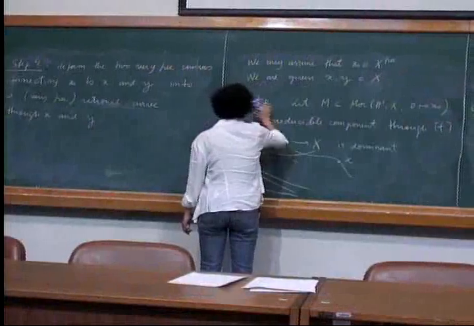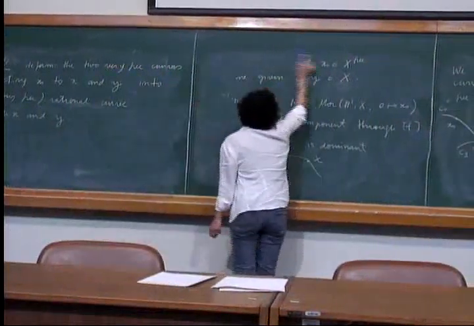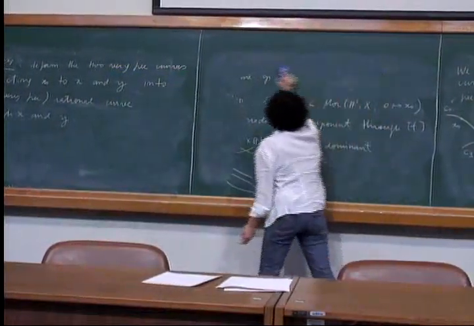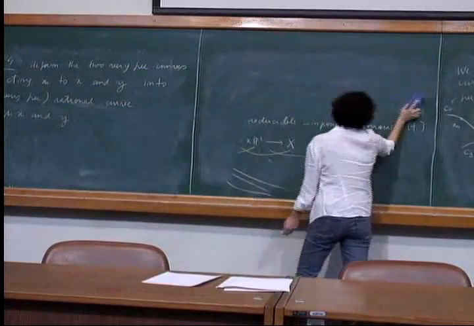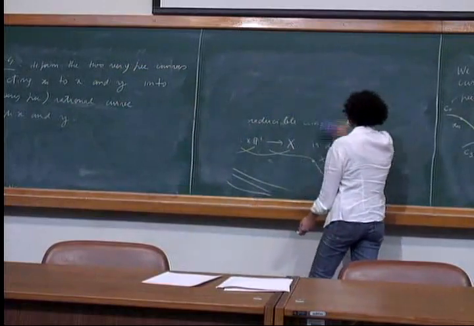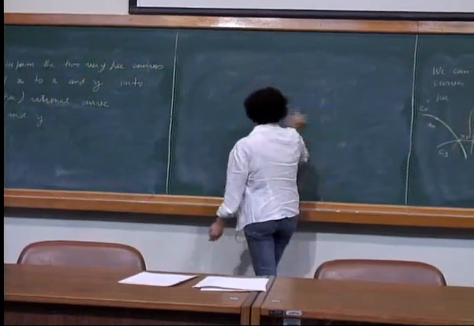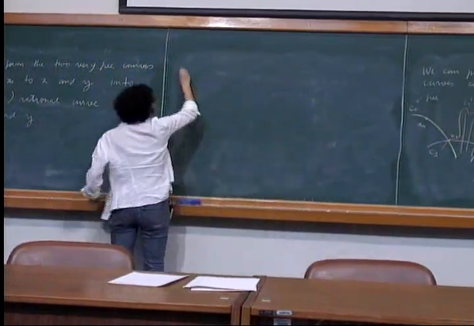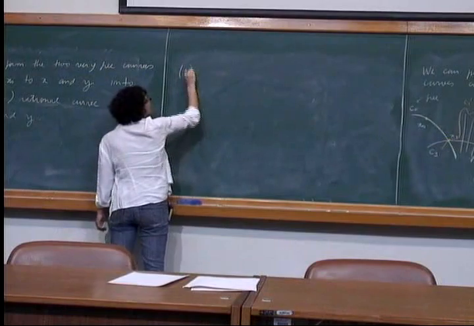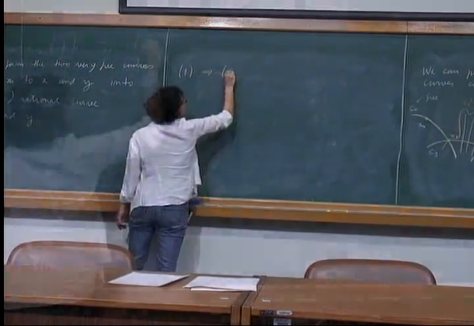So now we want to prove that we can find a very free curve on X, assuming just that through 2 general points there is a chain of rational curves. So now we want to prove that 1 implies 3.